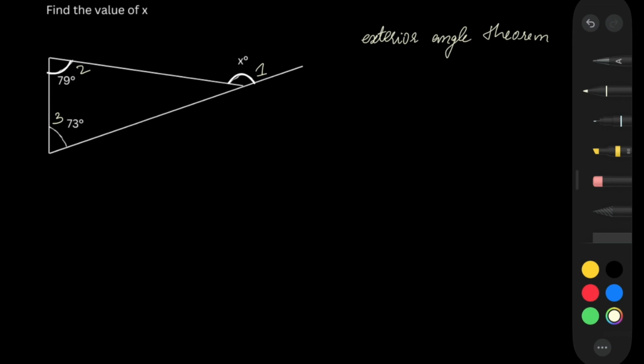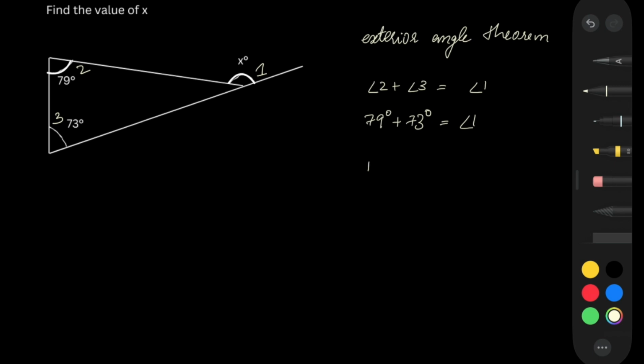So according to the exterior angle theorem, the sum of measures of angle 2 and angle 3 is equal to the measure of angle 1. Substituting the values, we get 79, which is the measure of angle 2, added to 73 degrees, which is the measure of angle 3, is equal to the measure of angle 1.